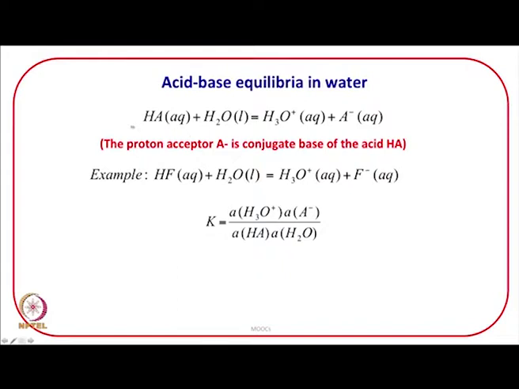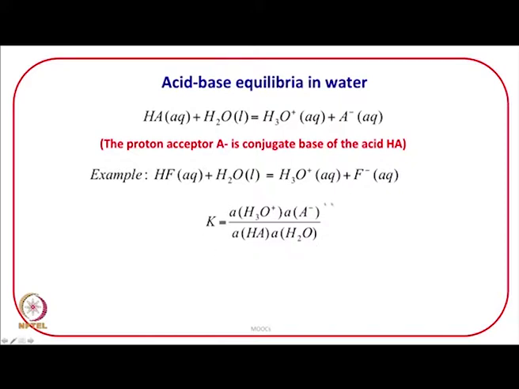For this upper reaction, K is equal to the activity of hydronium ion into the activity of A minus, divided by the activity of HA into the activity of water. This is an expression for equilibrium constant for this reaction, which corresponds to the dissolution of an acid into water.